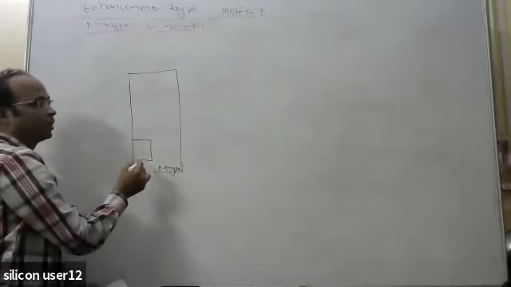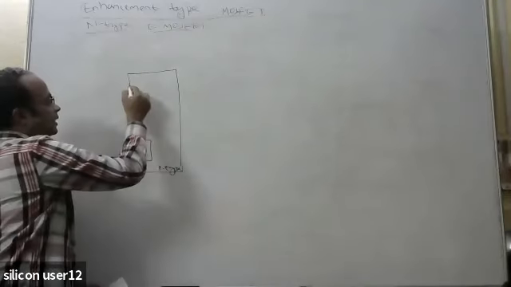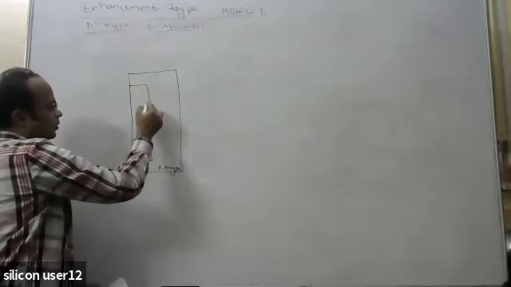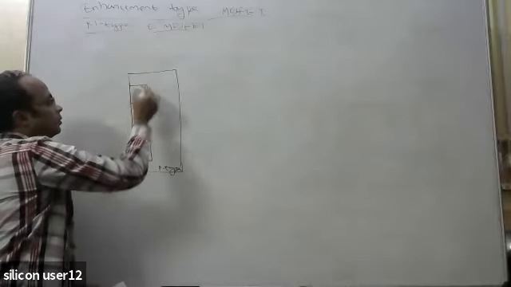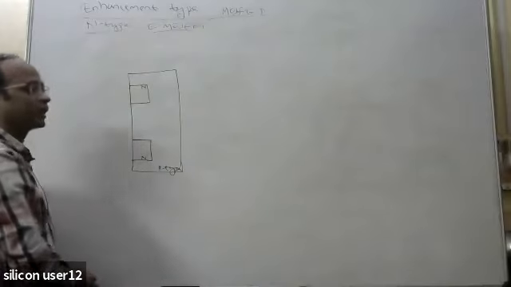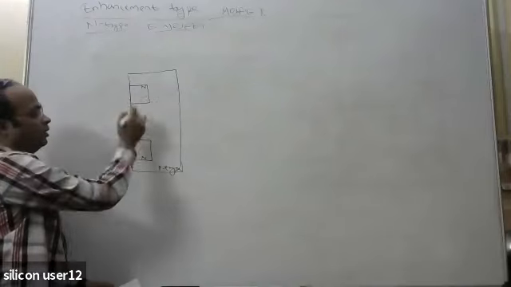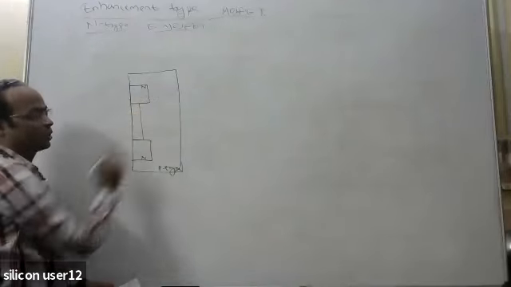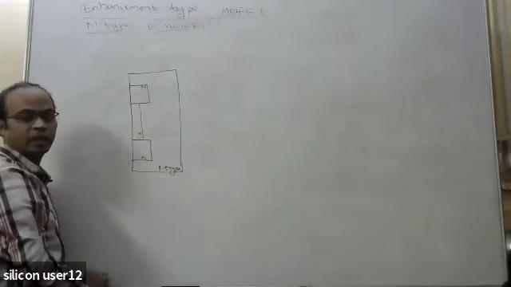So this will be called the source, which is N type, and there is another portion which is converted to N type. This will be called the drain. Next, in case of depletion type MOSFET, there is a path connecting these portions, and this was also of N type material.